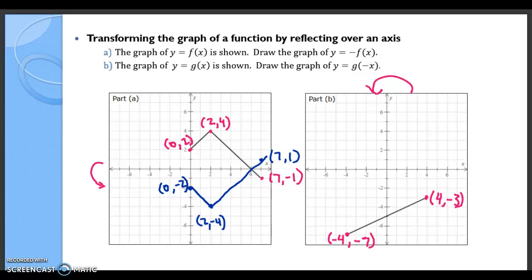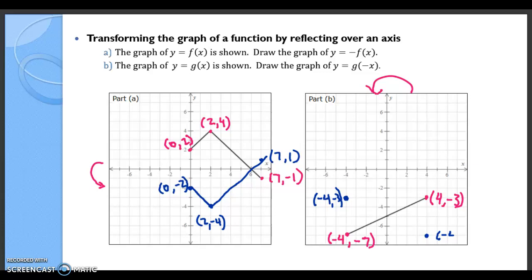So my inputs become negative. So positive 4 flops all the way to negative 4, and then my output stays the same. So that point is at negative 4, negative 3. And then for this point, my input goes from negative 4 to positive 4, and my output stays the same.